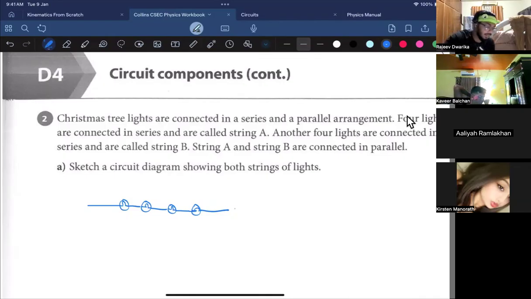Okay, so this is string A, and we have string B, which is the same thing. Very bad diagram. Right, so we have string A and string B connected in parallel. That's it. Right?